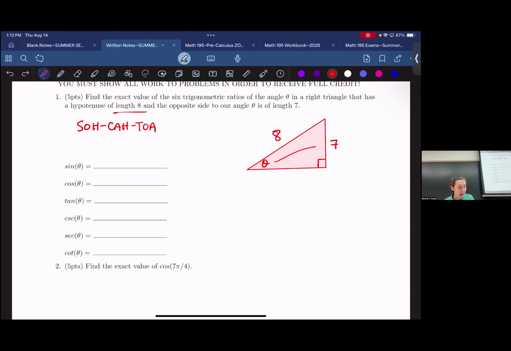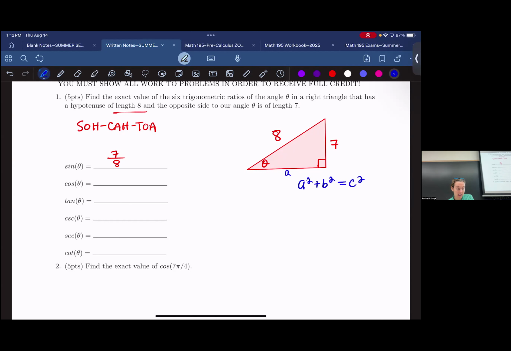I believe almost every single student got at least this part correct, because it was just given in the problem. Everything else you sort of needed to utilize Pythagorean theorem and then solve. So what is Pythagorean theorem? Our a squared plus b squared equals c squared. And we are missing our side.